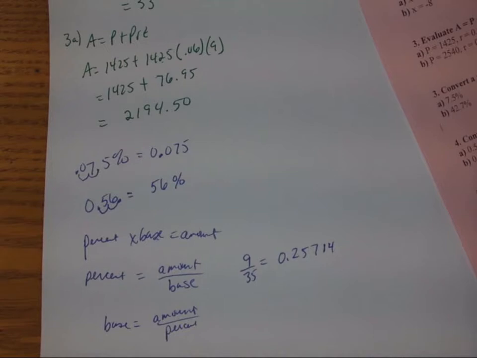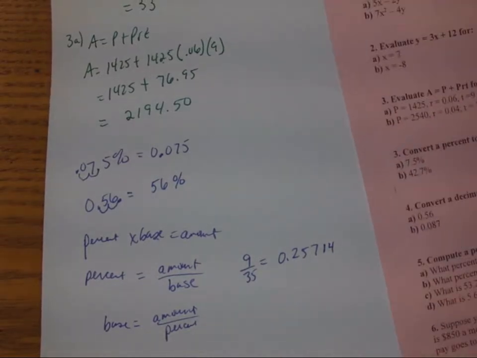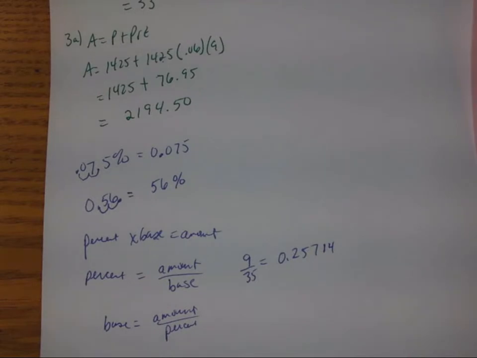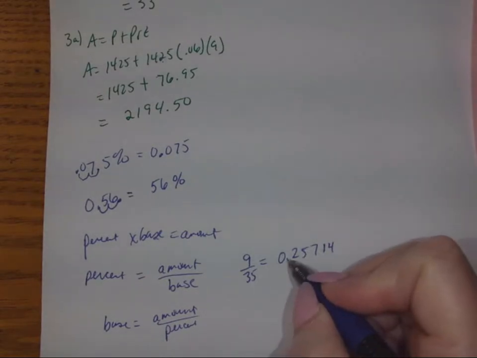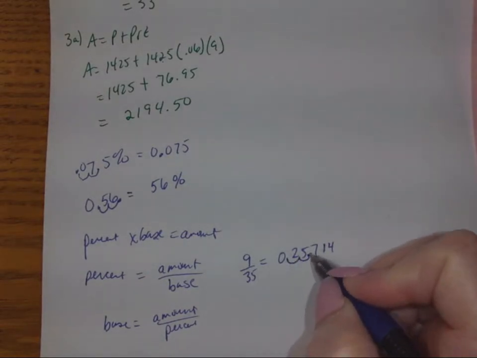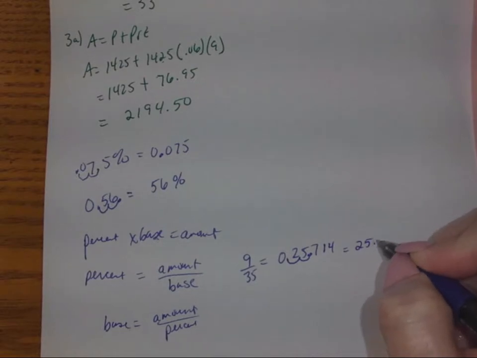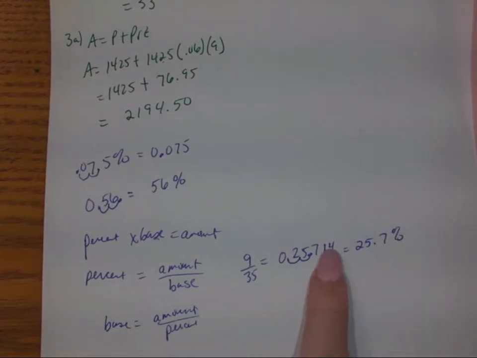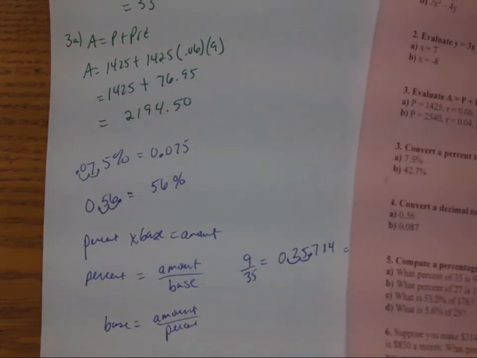We don't need that many places. But if we're looking to change it to a percentage, then what we're doing is moving that decimal place 2 places. So we're going to end up with 25.7%. We're just going to go to 1 decimal place. Now on the next question, what percent of 27 is 12?